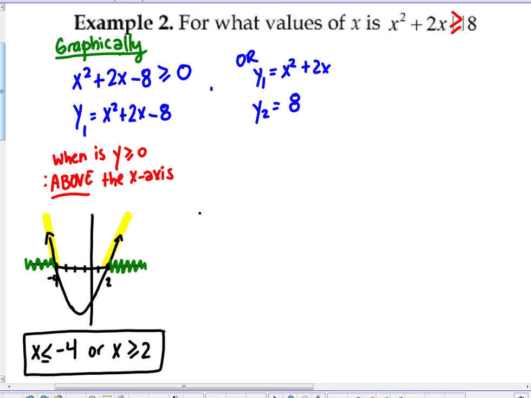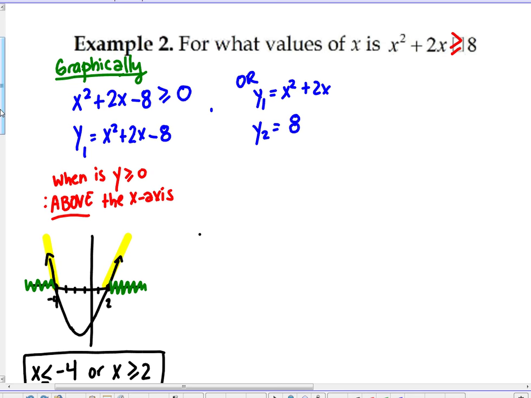So left side, right side. So if we did that, we'd have two lines, right? Now, I don't like this method as much. X squared plus 2x has the x-intercepts of 0 and negative 2.